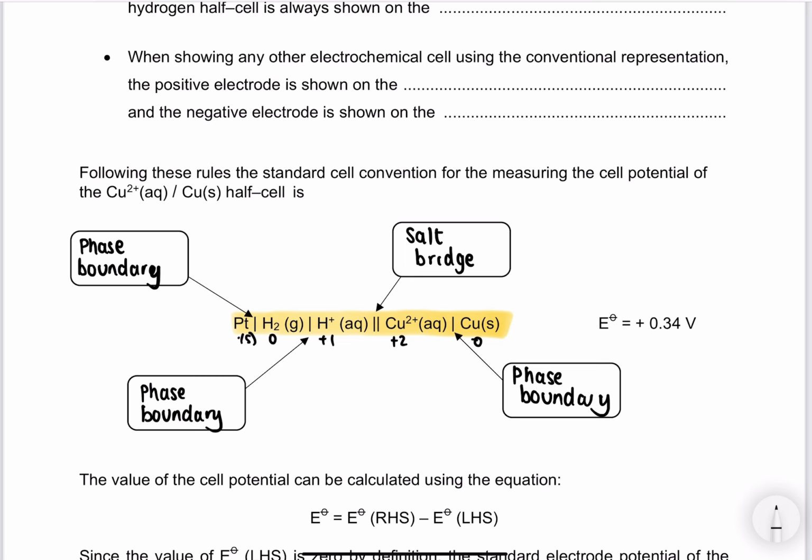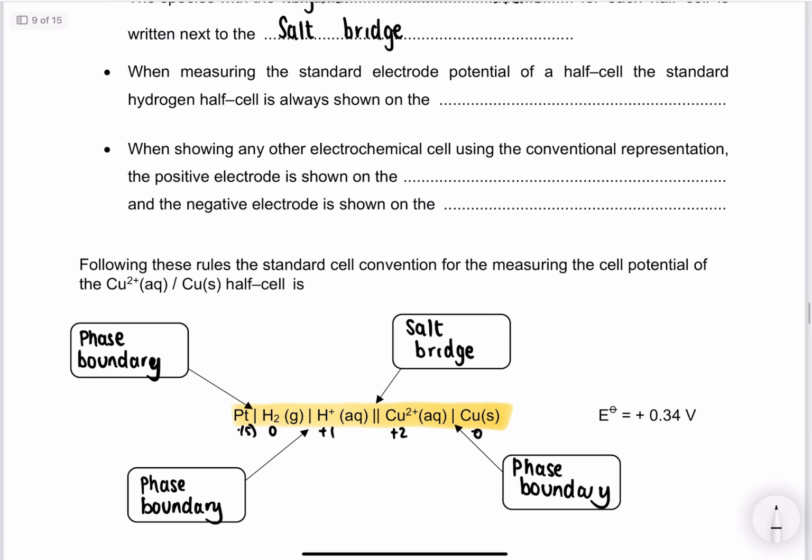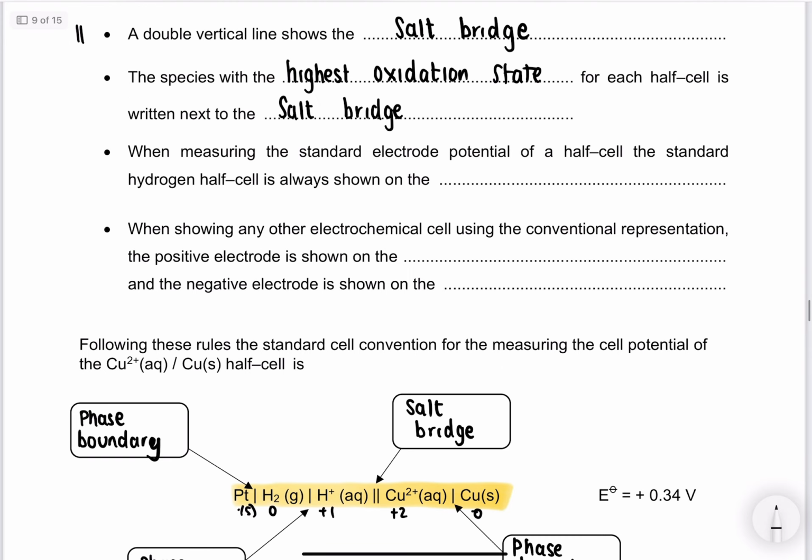The copper 2+ is higher. What this is showing you is the order of the things: hydrogen is being oxidized to hydrogen ions and copper 2+ is being reduced to copper metal. So reduced species, oxidized species, reduced species.